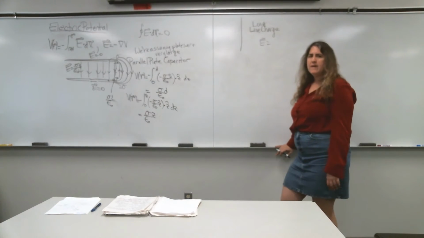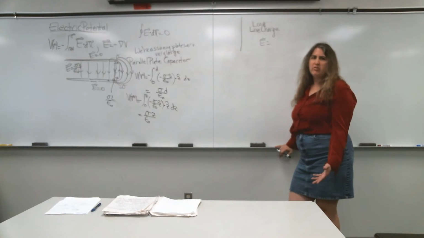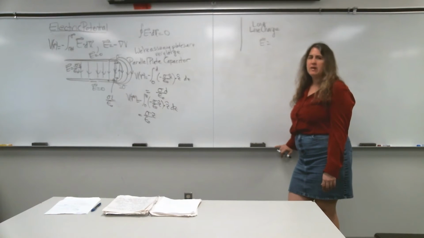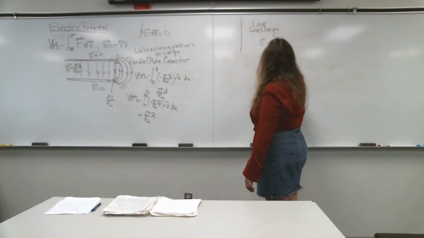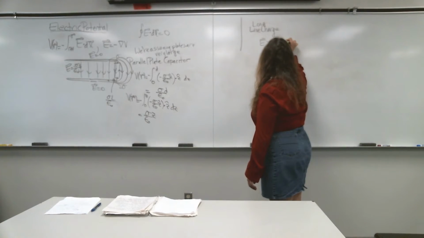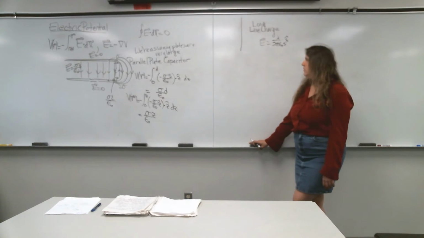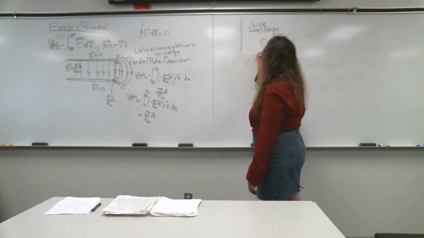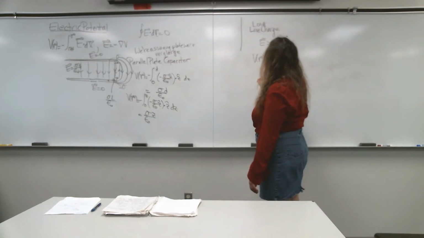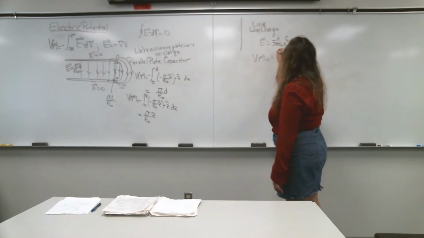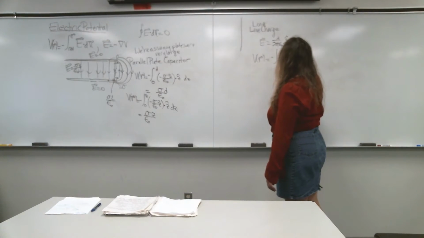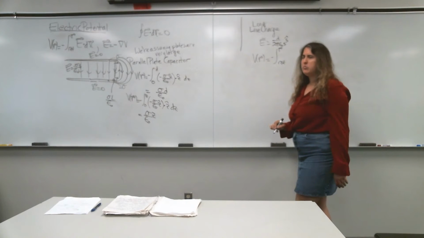One way was knowing what the line charge distribution looked like, and another way was using Gauss's law. And here we have that it's equal to lambda over 2 pi epsilon naught in the s direction. My potential then is going to be minus the integral from some reference to some observation point.